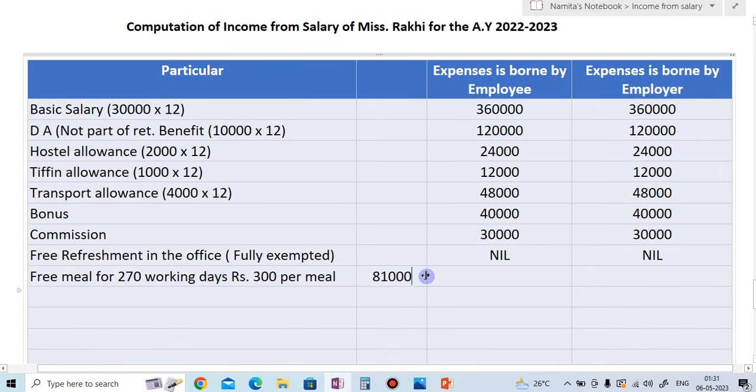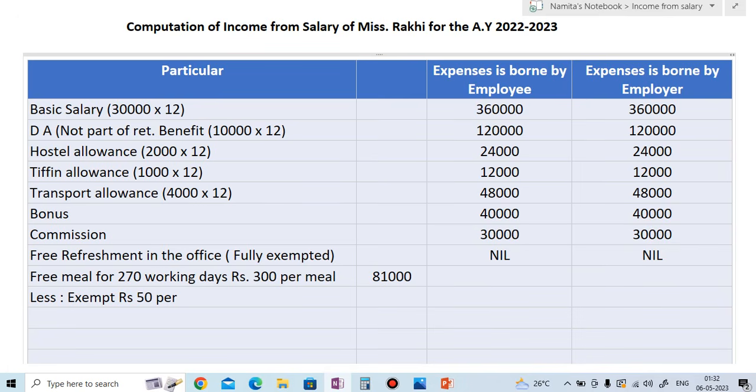So we are writing this amount in the inner column. Why? Because there is an exemption. Per meal is exempted for rupees 50 only. So here write less: exempt rupees 50 per meal for 270 working days.